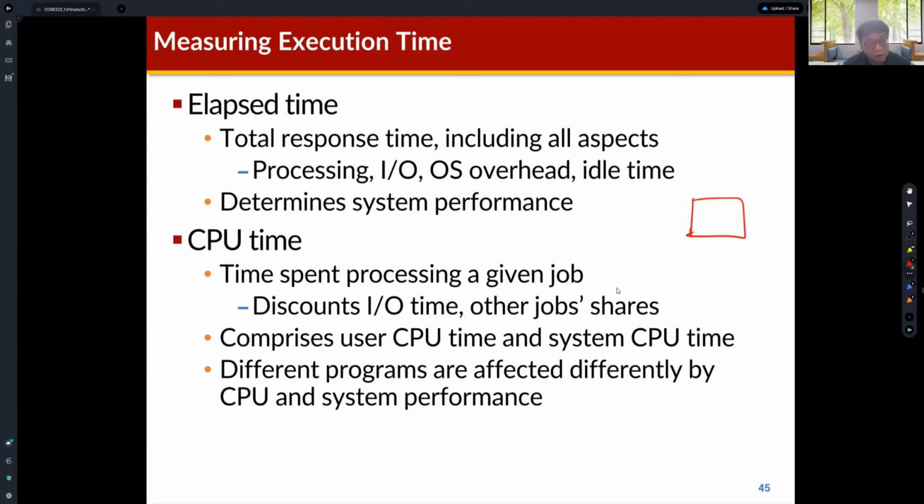The difficult thing is that since a computer system is composed of many components, it is also composed of many layers.